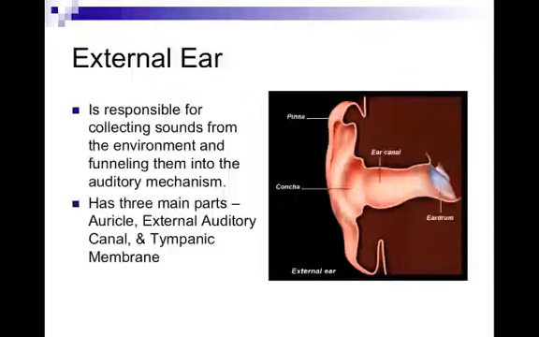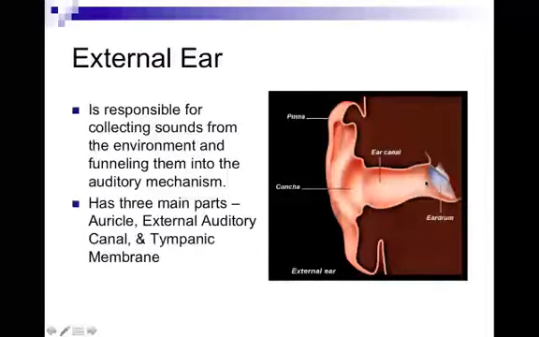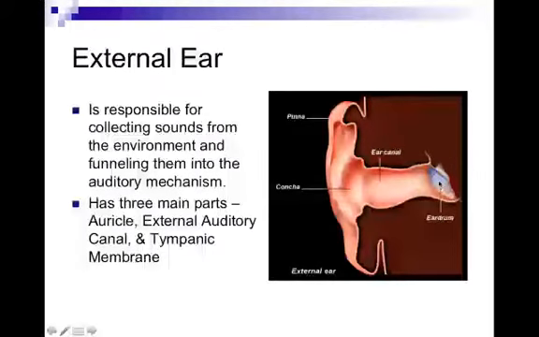Its main function seems to be collecting sounds from the environment and funneling them down the ear canal to the middle ear. It's got three main parts: the auricle or the pinna, the most exterior part, and the external auditory canal, which leads to the tympanic membrane at the end.